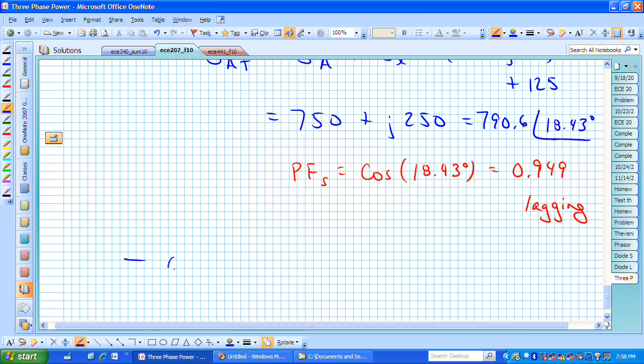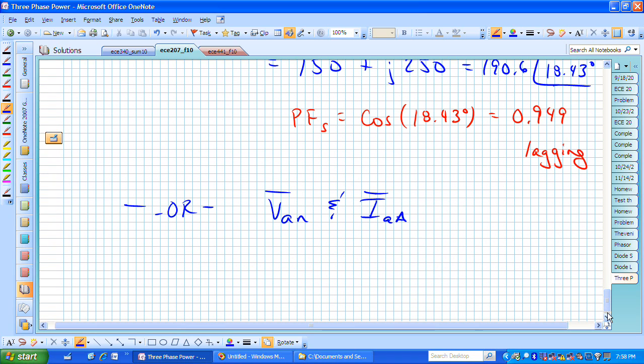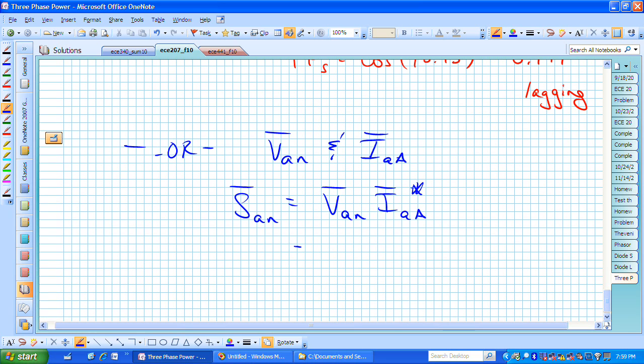We could also do it another way. We know what the source voltage is, that's V sub AN, and we also know the current flowing through that source, that's just the line current, I sub aA. And anytime we have the voltage and current in phasor or complex form for an element, in this case the source, we can just take the product of V sub AN times I sub aA conjugate. V sub AN is this 100 at 0 degrees.